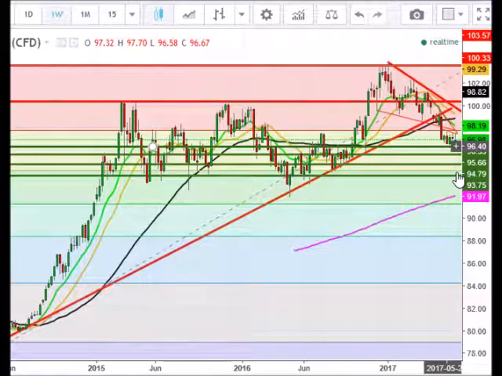So that's what I'll be looking for in the coming weeks. Just keep that in mind. I always like to keep a larger perspective of what's happening. But in the meantime, I'd be looking for some kind of volatility between the current 96.40 and 97 level.